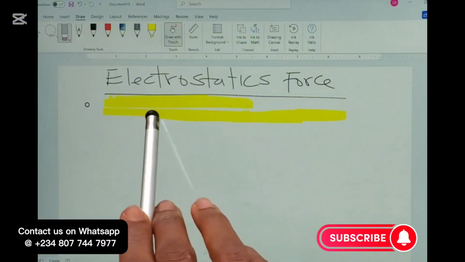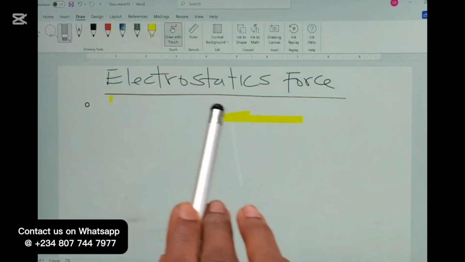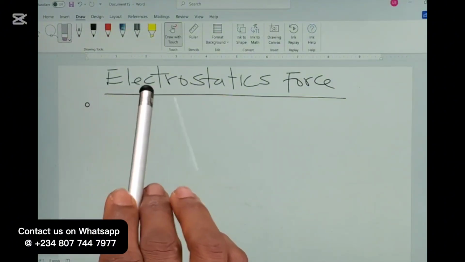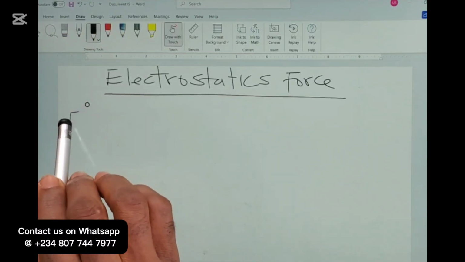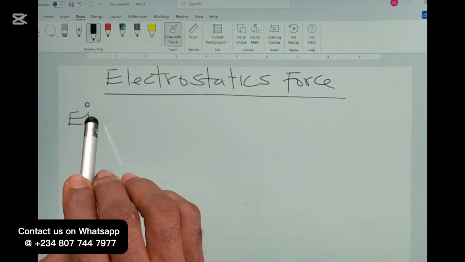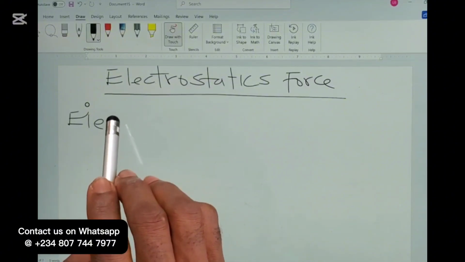Now please write electrostatics. Let's try to know what electrostatics is.